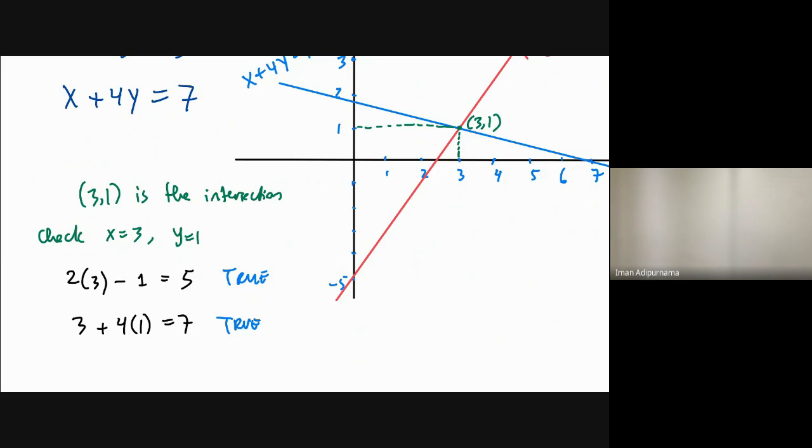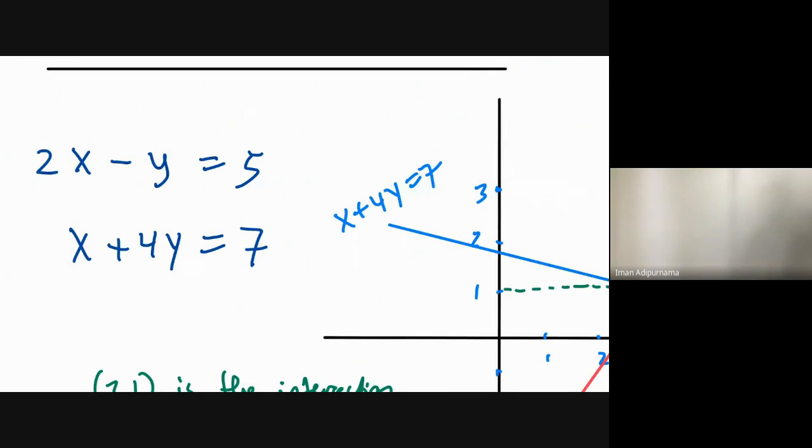Now, of course, I think you have also learned that you may solve this linear equation. If you look, you have 2x, so you may multiply the second one by 2, so that if you subtract, these 2x can be canceled and you can evaluate the y, and from that y value you can evaluate the x. We call that the elimination method.